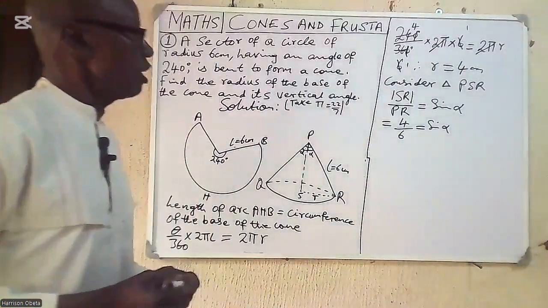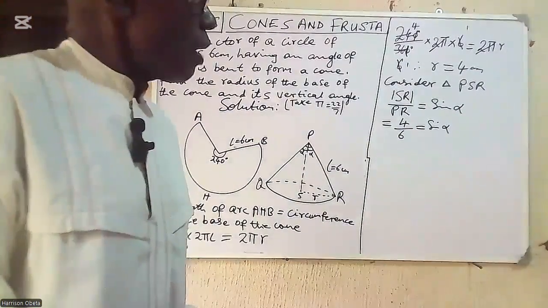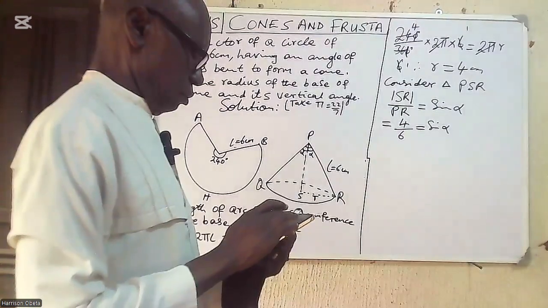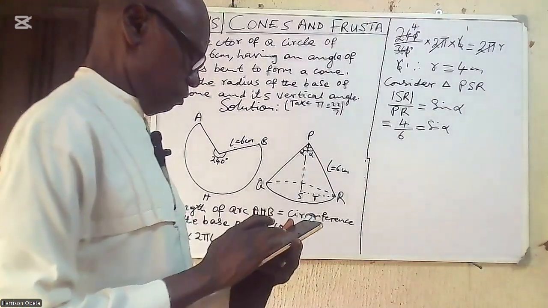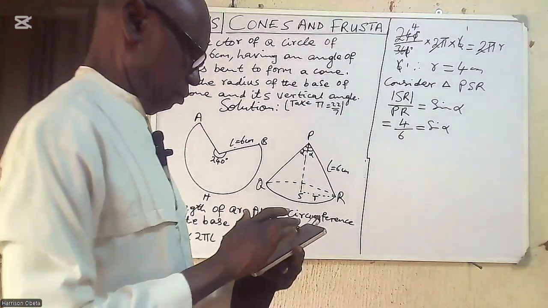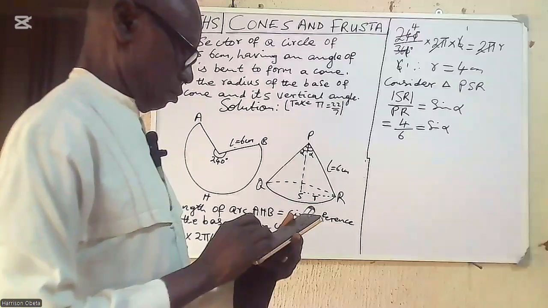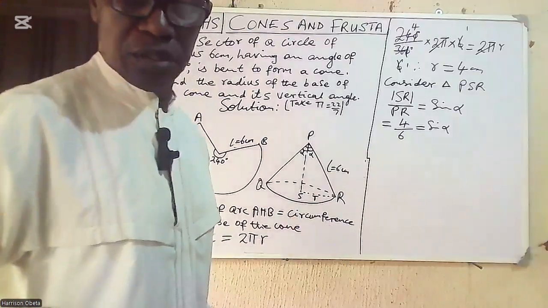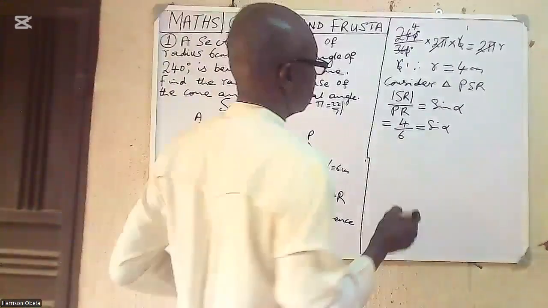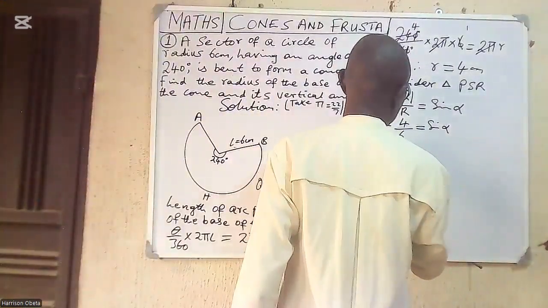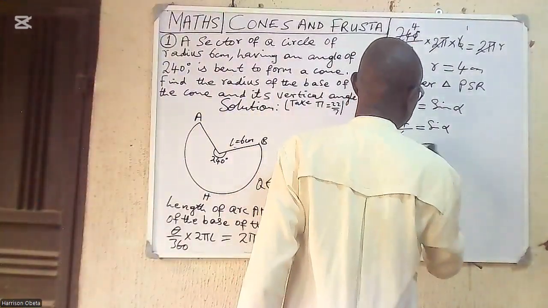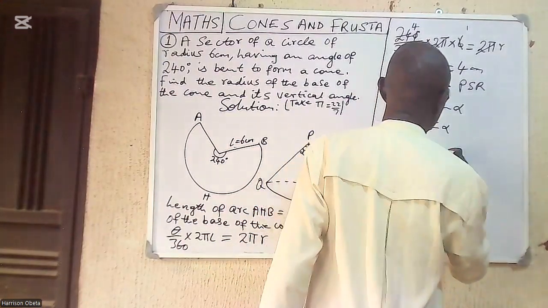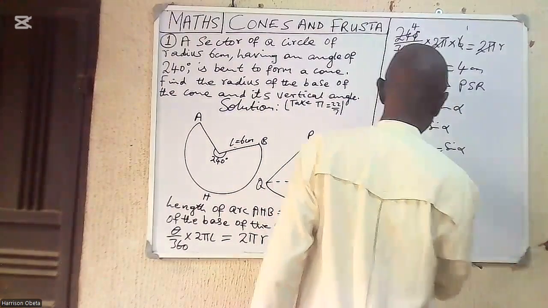So we check our calculator to get that. We have 0.6667 approximately equal to sine alpha.